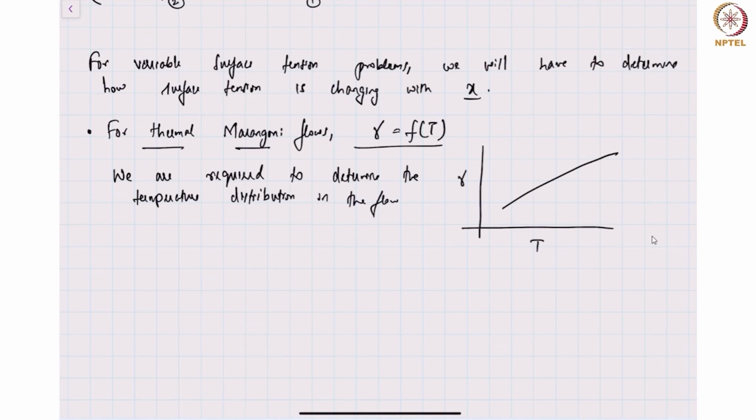We have the momentum equations and the mass balance equations in both the fluids. We have necessary boundary conditions at the interface and at the walls or at infinity. And then finally we have, if surface tension is varying, we know how it is varying. For example, it could be varying because of temperature.